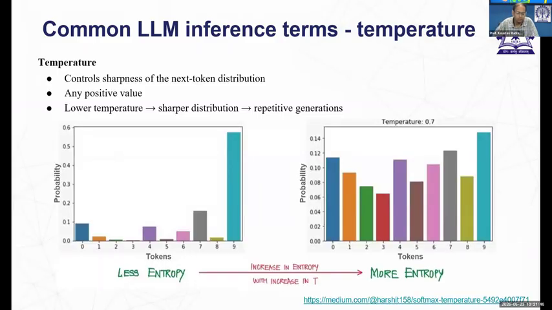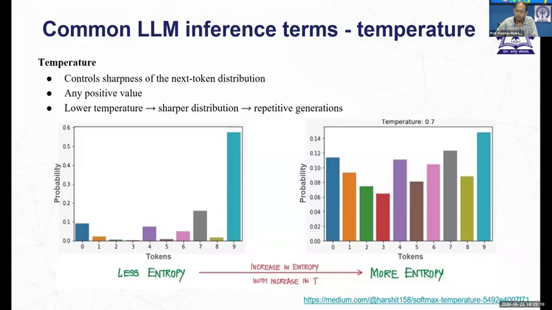Suppose we have to predict the next token. Let's see how temperature controls the output. Suppose we are doing the same problem, the cat sat on the, and we have to fill the next token.